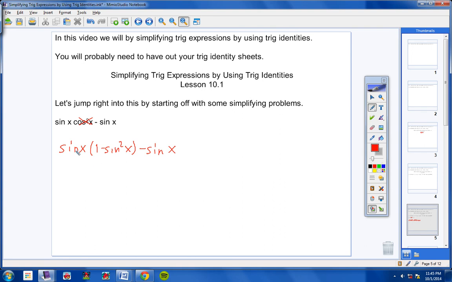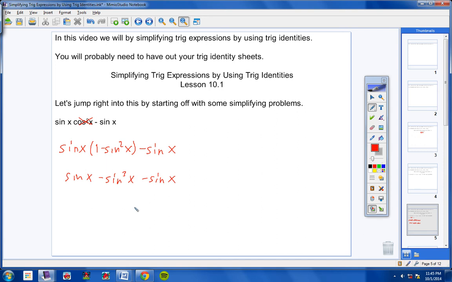Now I can take this sine and distribute it through the parentheses. So sine times 1 is sine. Sine times sine squared here would be sine cubed. Okay, and then bring down your negative sine x. Okay, now look what we have.